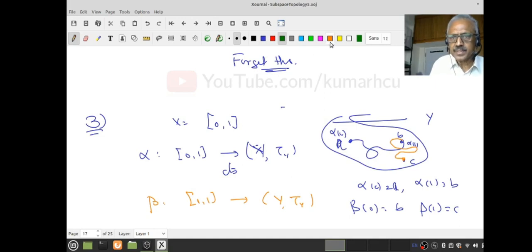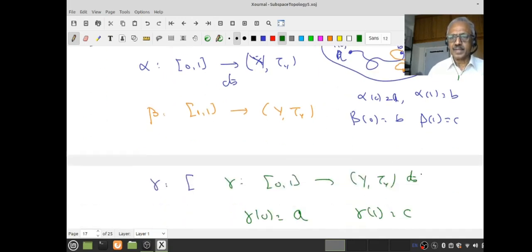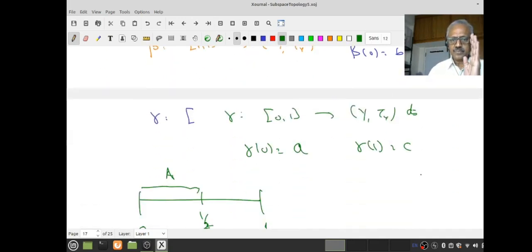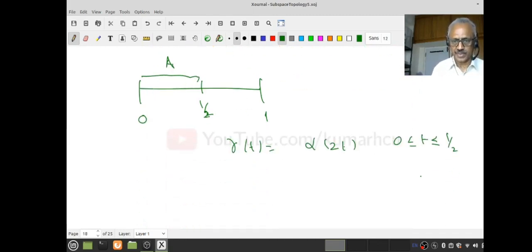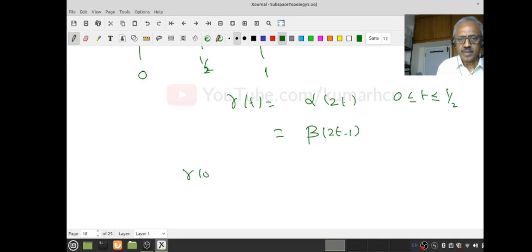At time equal to half I start from B, and at time equal to 1 I reach C. So the same train beta, but now I have to go twice the speed. So I write it as beta of 2t minus 1. When t equal to half, it is 1 minus 1, 0, it starts at B, and at t equal to 1, it is 2 minus 1, beta 1, therefore it reaches C. Therefore notice that gamma of 0 is A and gamma of 1 is C.